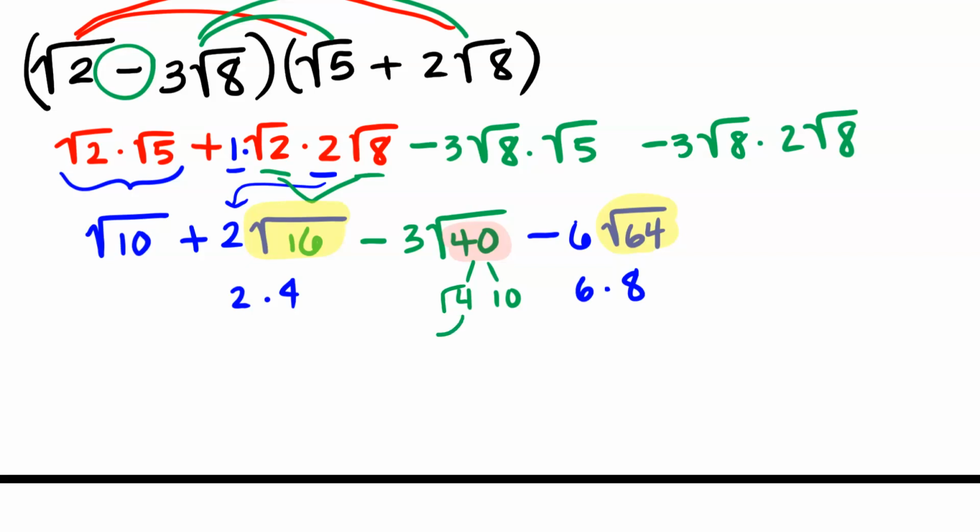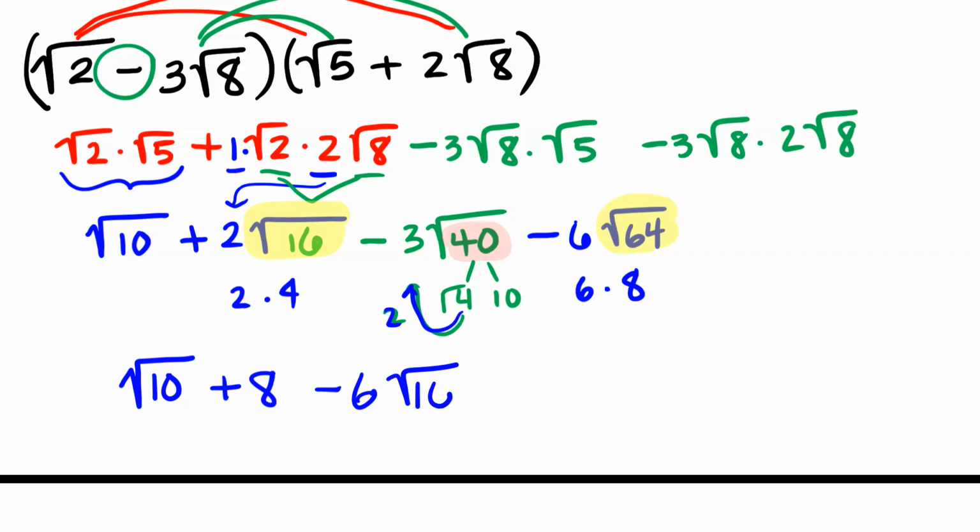And so this square root of 4 should come out as a 2. So your final answer for this one should look like this. Square root of 10 plus 8 minus 6, because this 2 came out and multiplied with that 3. Square root of 10 minus, oh, that hurts, 48. Simple math is not my forte.